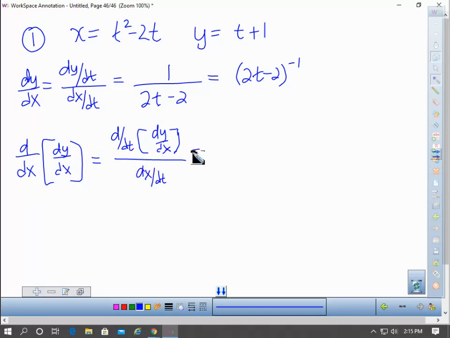Okay, so that's the easy way I'll remember it. So really all we're doing is taking the derivative of the answer we found up here for dy dx. We're taking the derivative in terms of t.